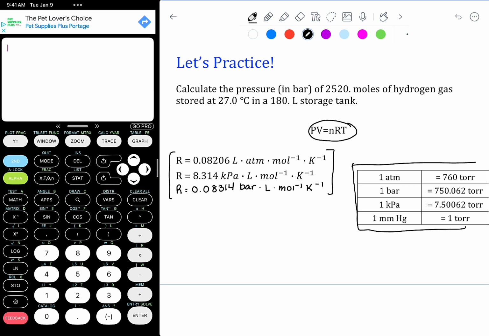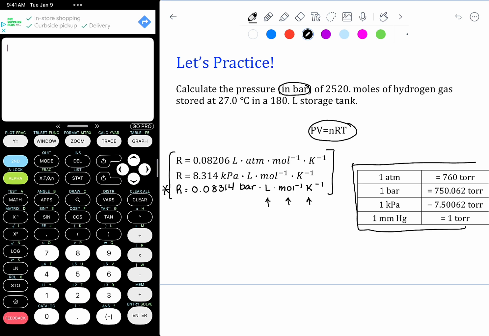Well, we want to calculate the pressure in this problem in bar, and we have an R value that's already in bar. So if I use R that has a unit of bar already in it, as long as the units of my other variables are the same as that R value, so liters, moles, and Kelvin, those units will cancel out appropriately and we will be left with a pressure in bar and we wouldn't have to do any conversions.